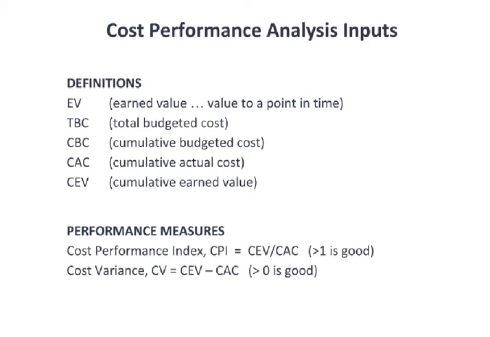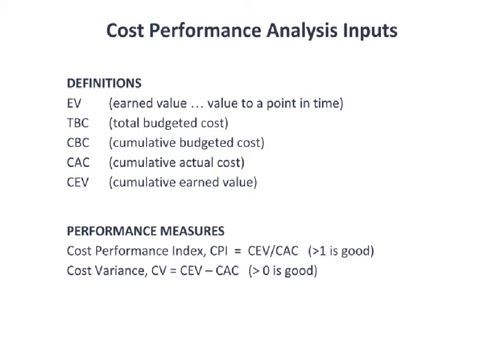It's how the earned value grows with time as we progress through the project. So we have the EV and the CEV. We have the total budgeted cost, the cumulative budgeted cost, and the cumulative actual cost. Kind of memorize those acronyms because we're going to be using those down below and in subsequent slides.